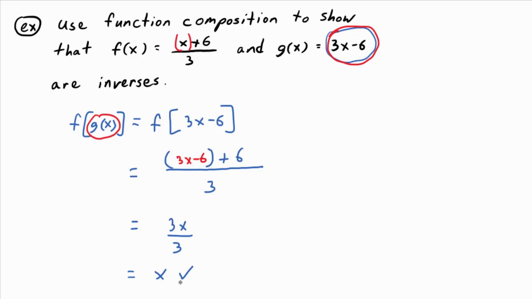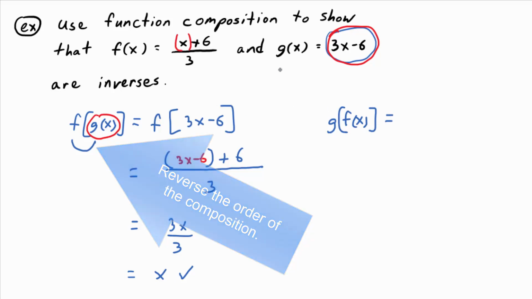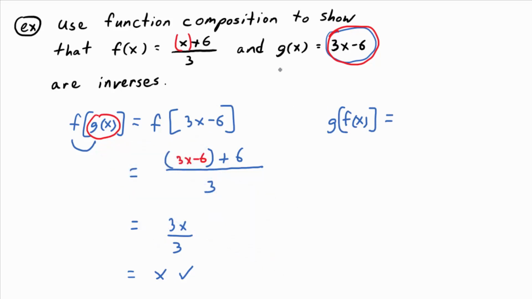To be sure, you have to go both ways. You have to also find g of f of x. Work it from the inside out. What is f of x really equal to? So it's g of x plus 6 over 3. G of f of x is g of x plus 6 over 3 because the output formula for f of x is x plus 6 over 3.